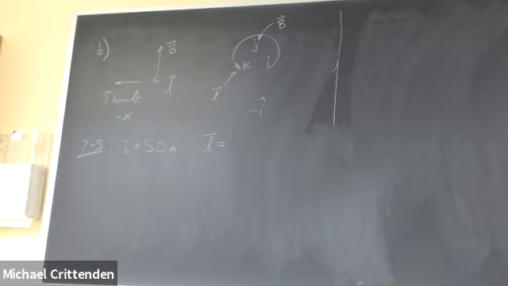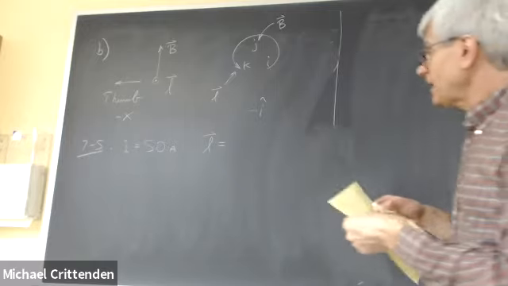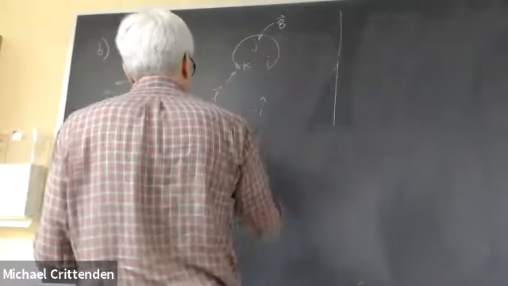And 65 meters, maybe that's the section of wire from one pole to the next. Sounds about right. We've got 65 meters for the magnitude of the length vector, and it says that the current is in the positive x direction, which is actually not the direction of the current at all.